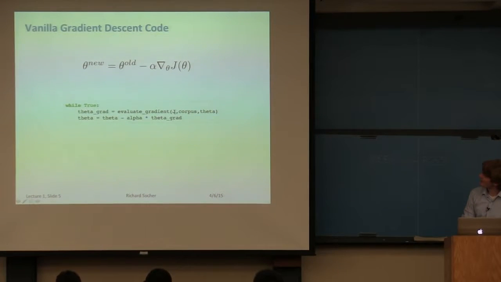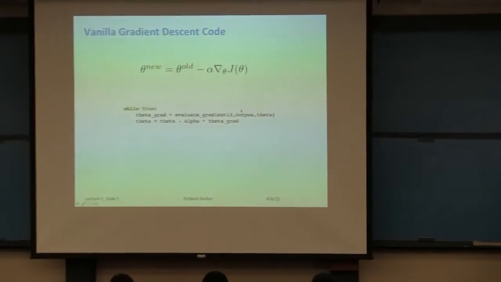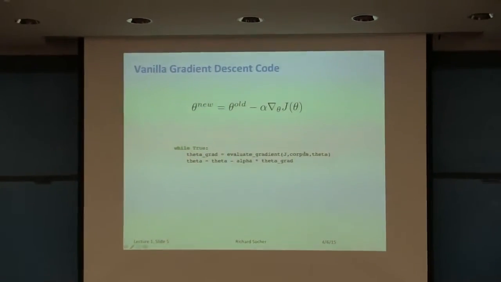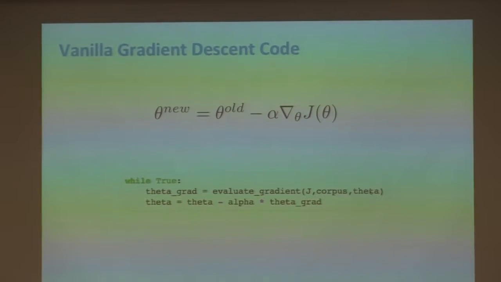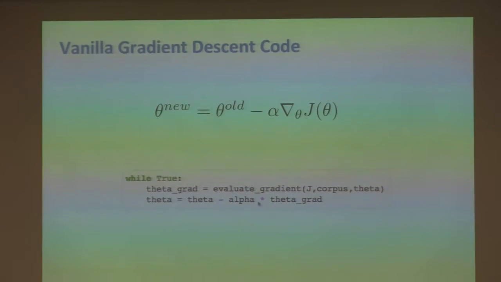We have a specific abstract function J for a specific corpus here and our current estimates of theta. And then we update theta with this simple line. And something along exactly that line you would probably want to see in your first problem set.